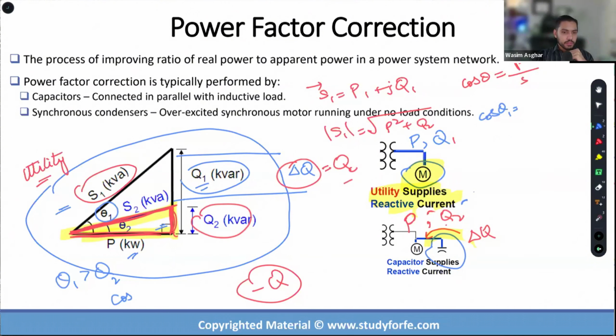Our theta has reduced, right? So let's say theta went from 45 degrees to a theta of 10 degrees. Okay. So cosine 45 is equal to 0.5 if I'm not mistaken. And cosine of 10 is very close to 0.9 or 0.9 something, 0.95 or something like that. Okay.